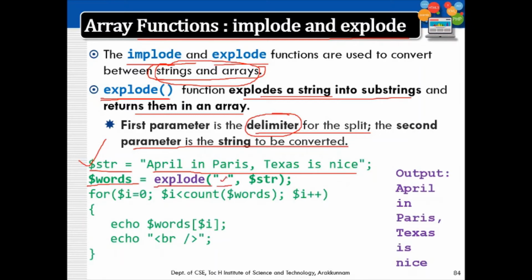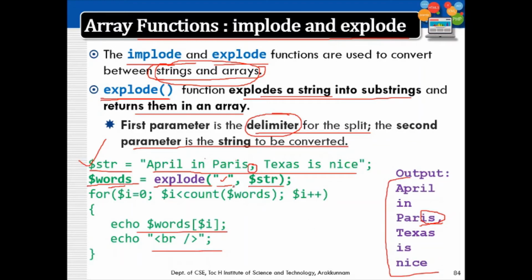So here I am using space as the delimiter, and $str is the input string. This will make words an array containing April, in, Paris, comma. Remember, as the space is the delimiter, Paris will have the comma along with it. Just print the words array and it will display output like this.